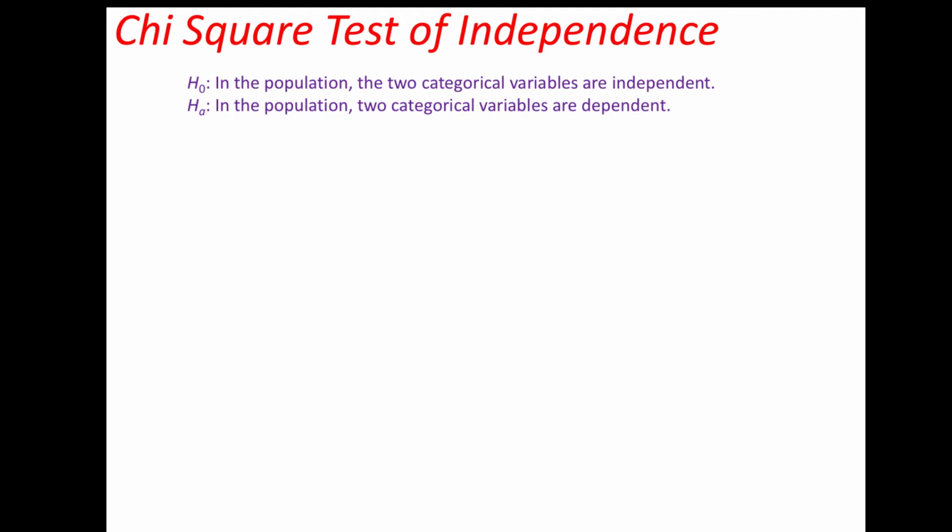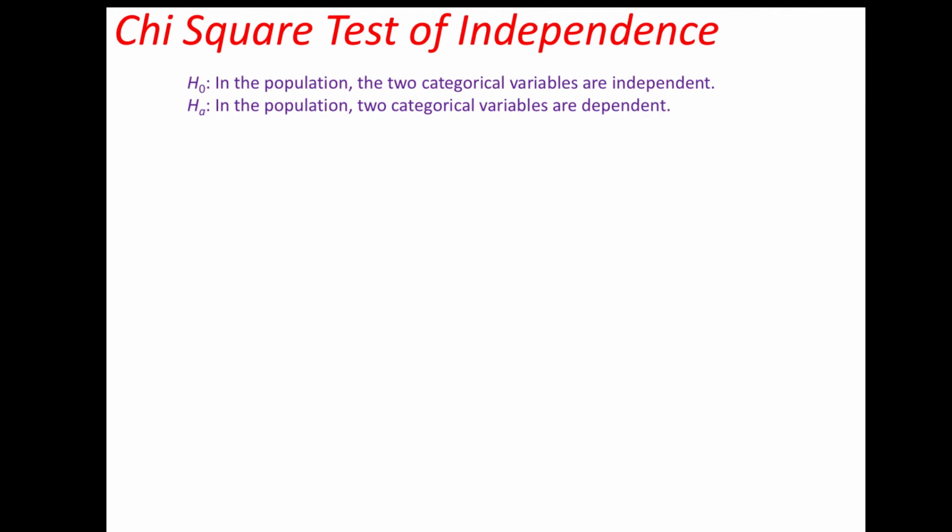In this lesson, we are interested in researching if two categorical variables are related or associated. In other words, are they dependent on each other? Therefore, until we have evidence to suggest that they are, we must assume that they are not. This is the motivation behind the hypotheses for the chi-square test of independence.